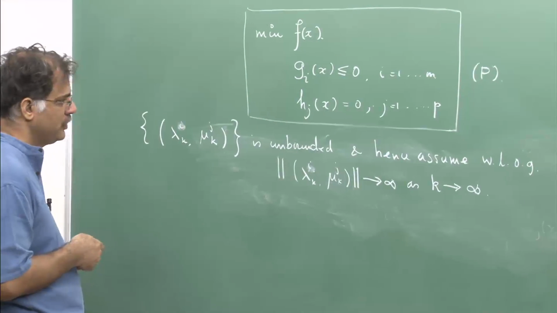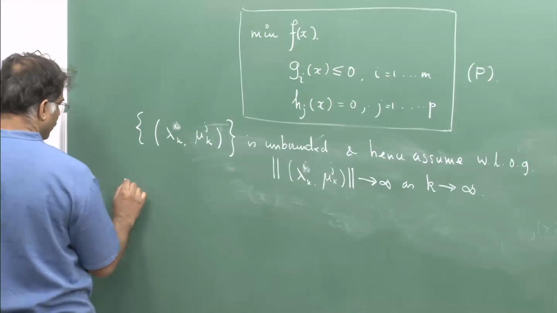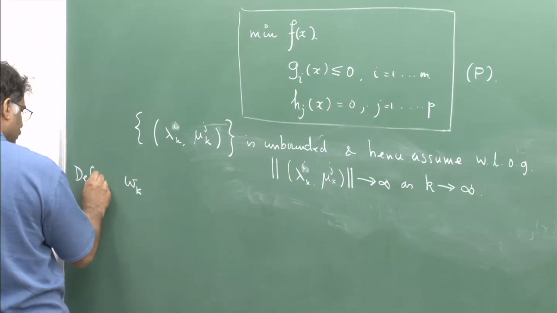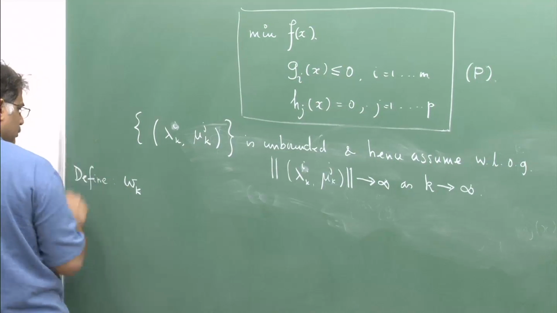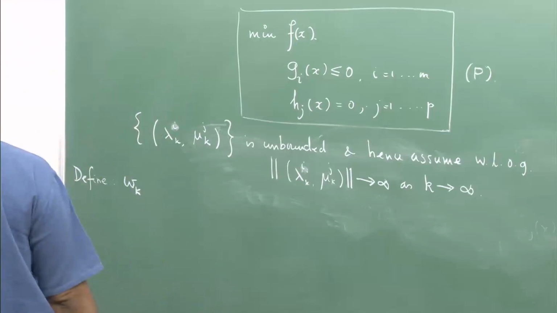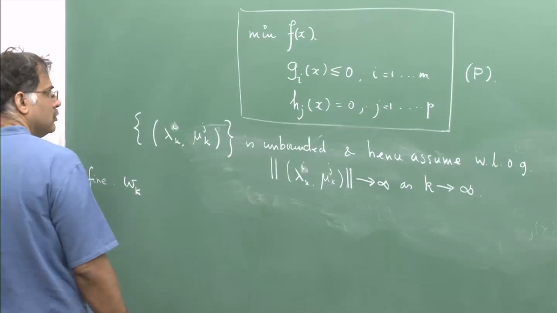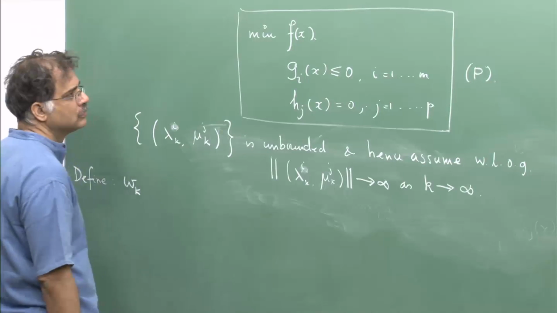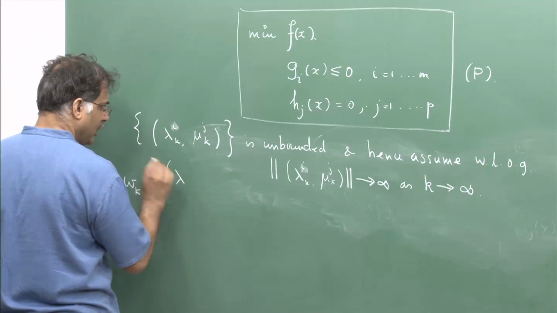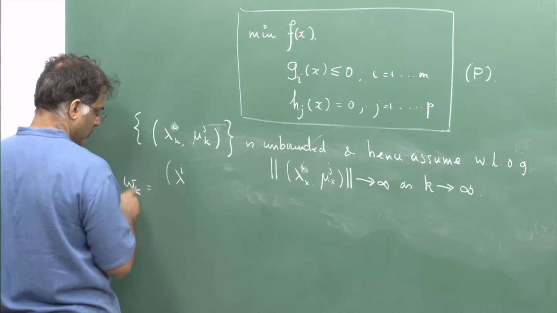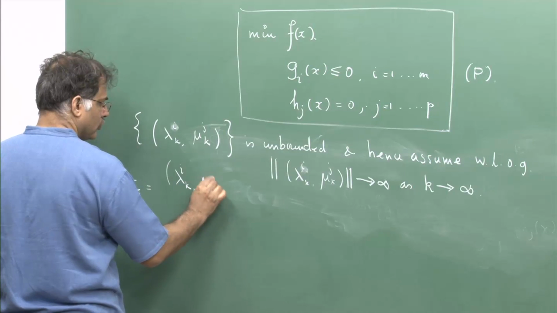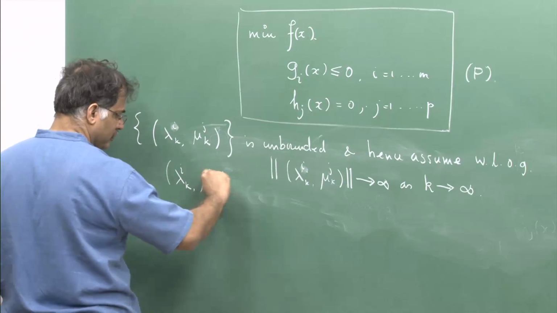a sequence of this form. Let me define, now define Wk to be of this form for every k. Obviously this is a very big vector.